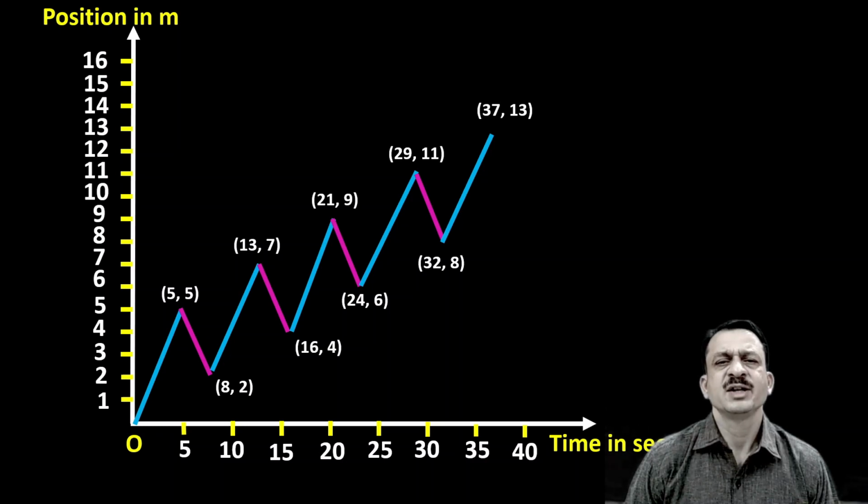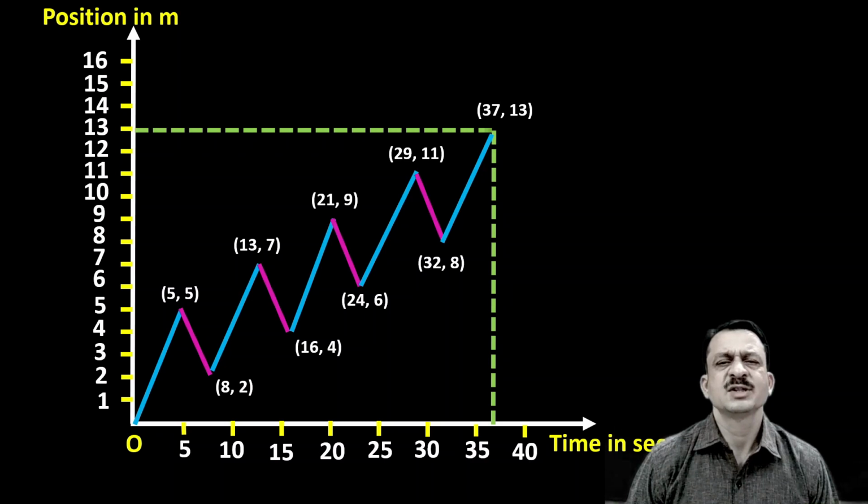Then what is the time taken here? It is 37 seconds from the starting position. This vertical dotted line represents the time, and the horizontal line represents the position. It is 13 meters away. Therefore he took 37 seconds to reach the pit.